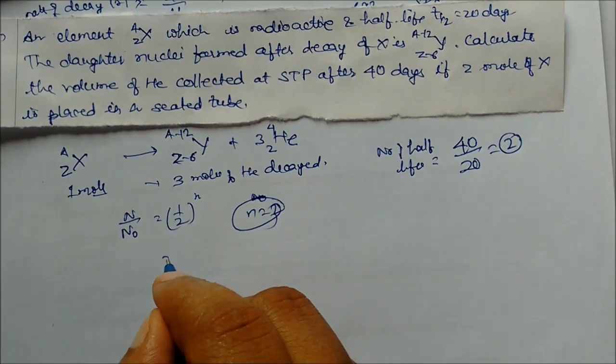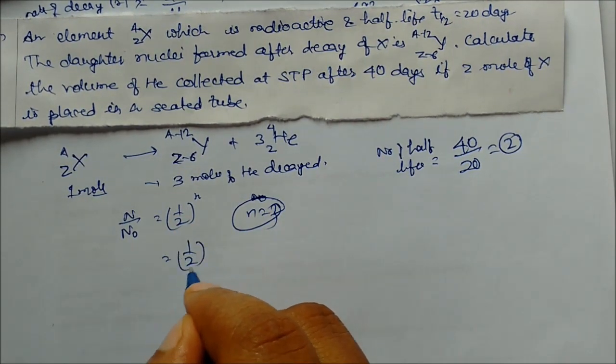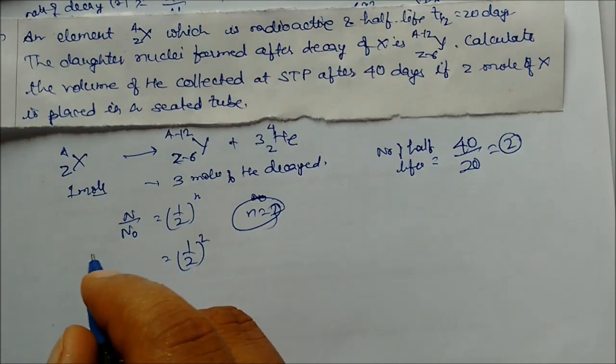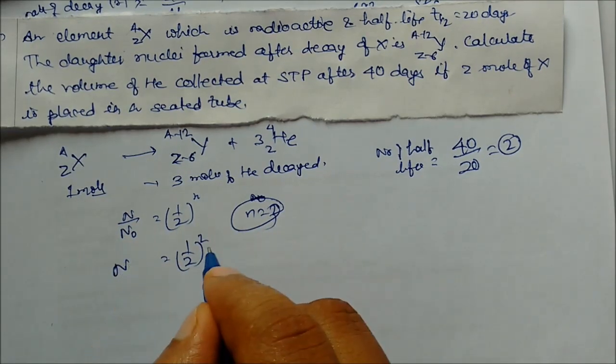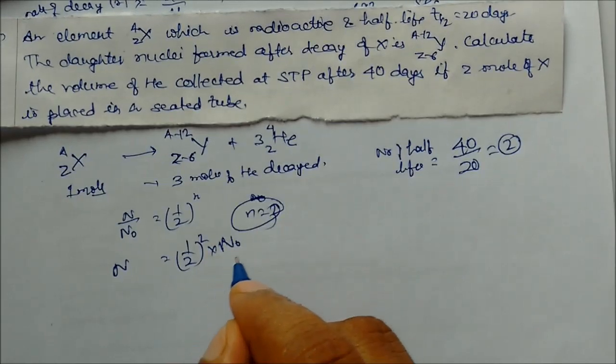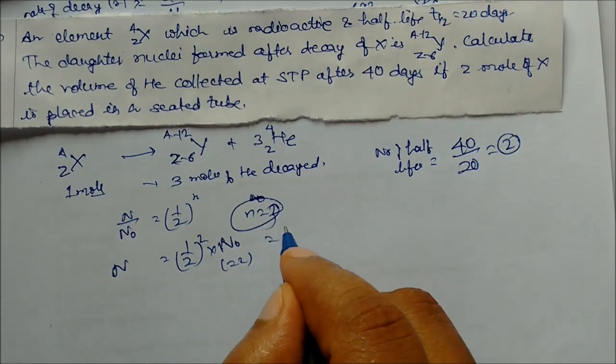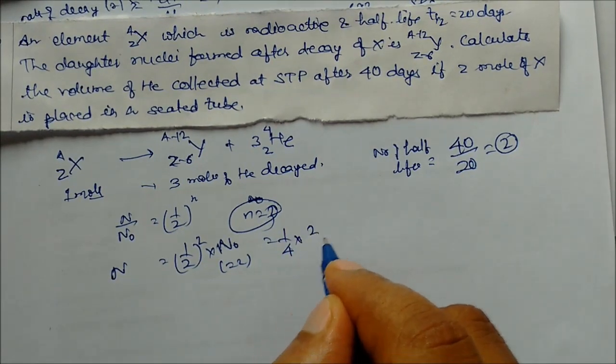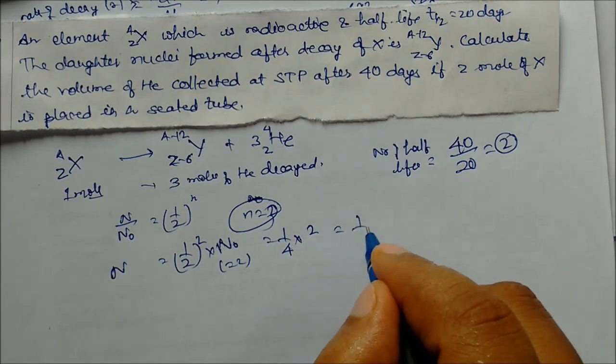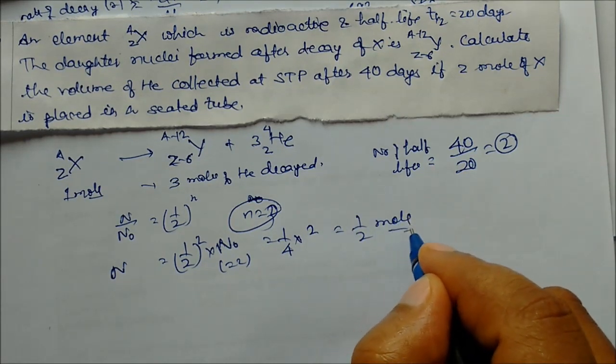We can put this value over here: 1 by 2 whole square, and N naught is 2 mole. So this will be 1 by 4 into 2, so we get half mole. So half mole is remaining.